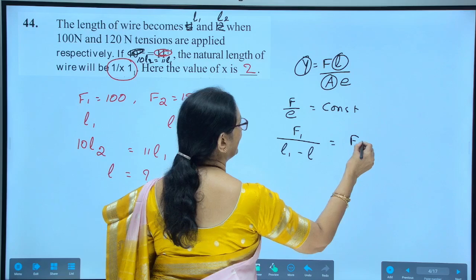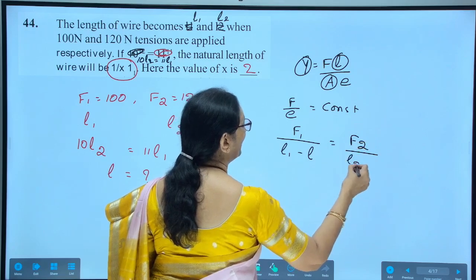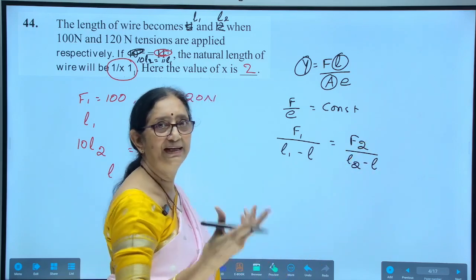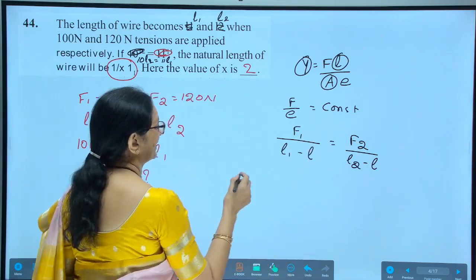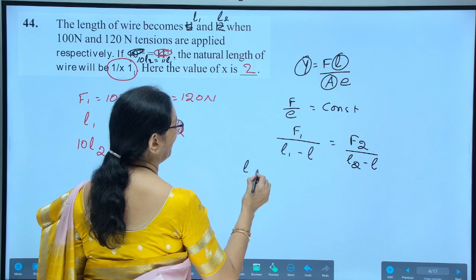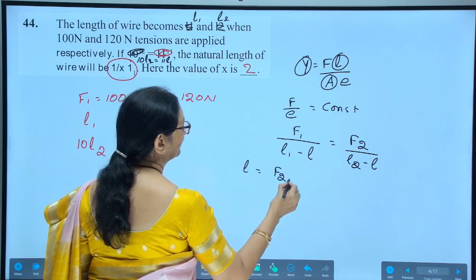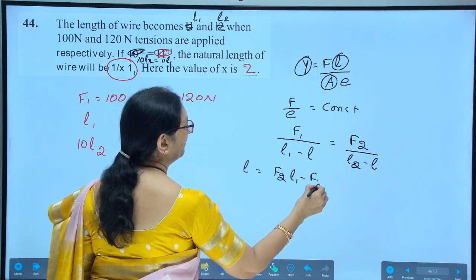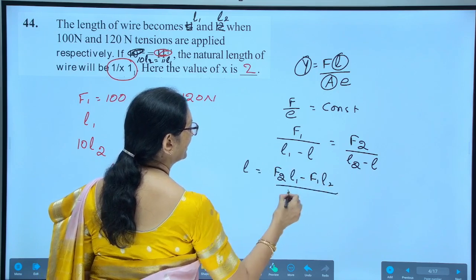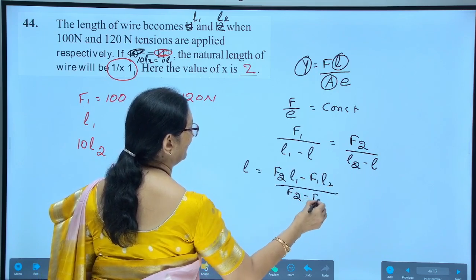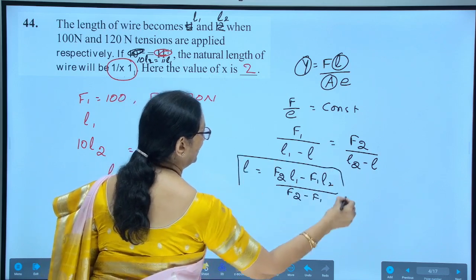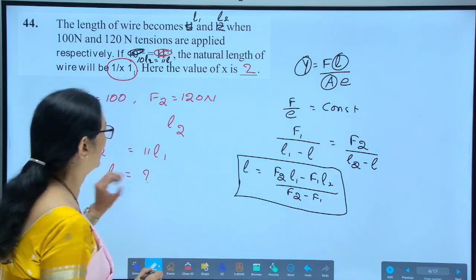In the second case, F2 by (L2 minus L). In yesterday's class, from this expression, we derived the formula for L as (F2 L1 minus F1 L2) by (F2 minus F1). So, from that we are going to solve this problem.